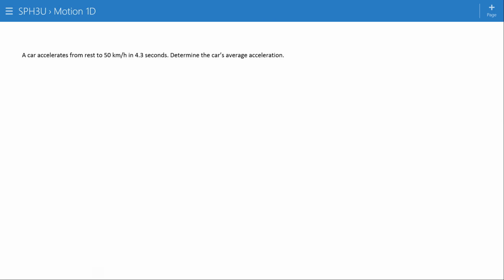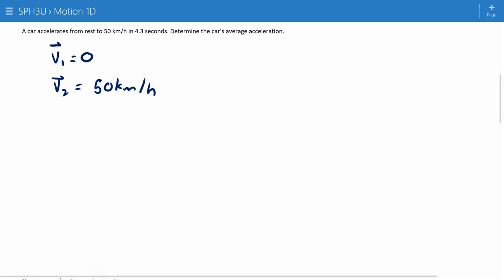A car accelerates from rest to 50 kilometers per hour in 4.3 seconds. Determine the car's average acceleration. So from rest, that would mean initial velocity of 0, to 50 kilometers per hour. There's no direction given in this question, so we can deal with that a couple different ways.